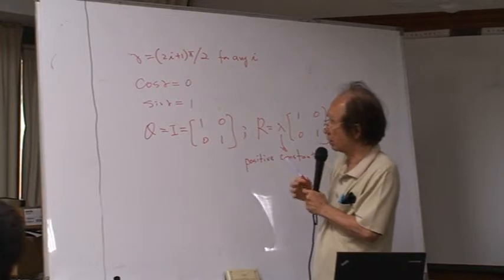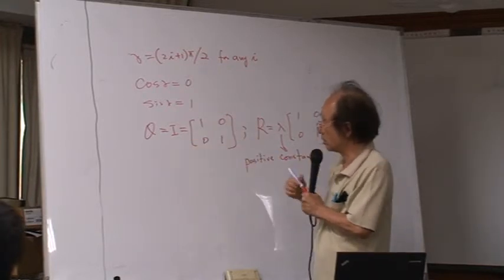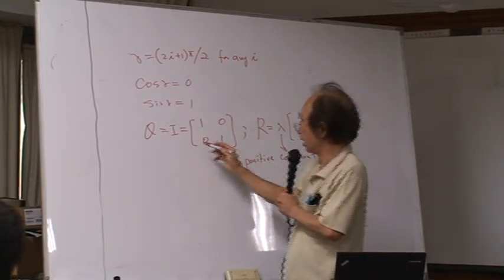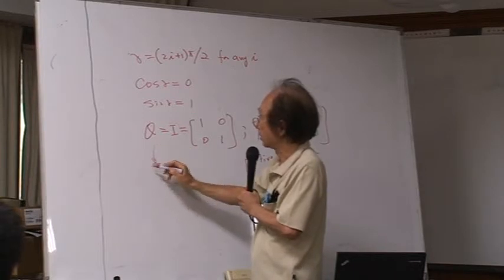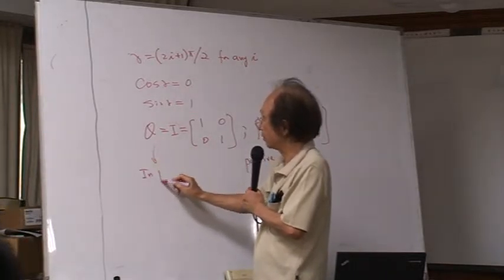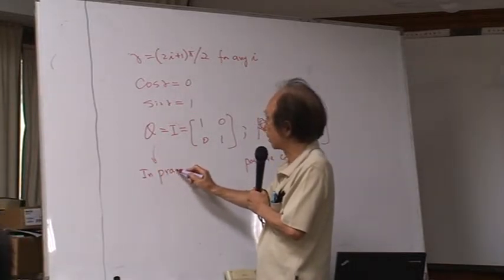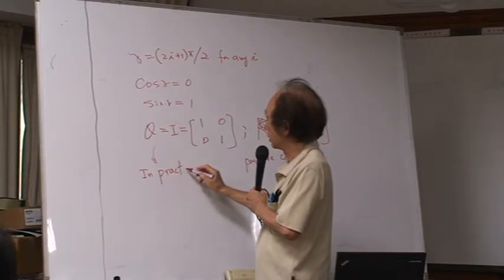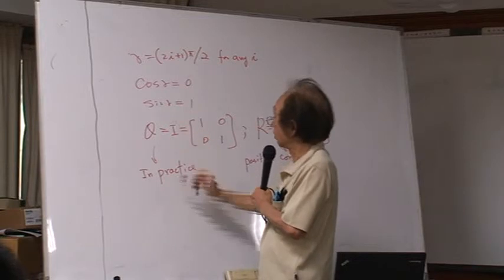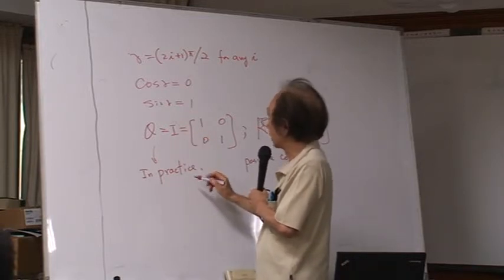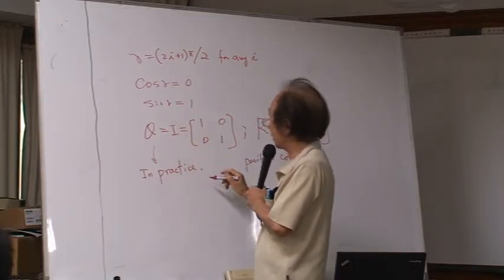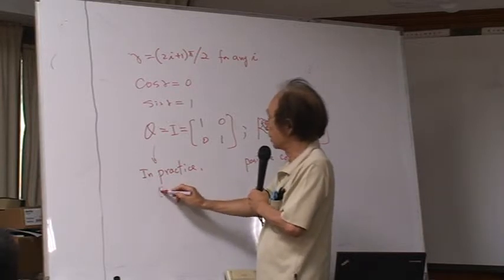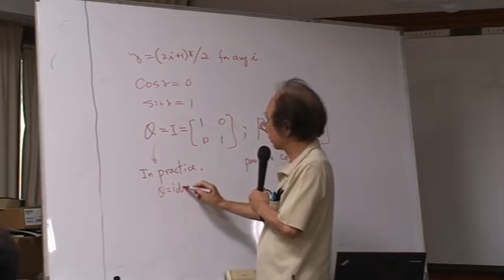In general, we always assume Q is the identity matrix. So in practice, if you want to use this method for your thesis, you can always assume Q equals the identity matrix.